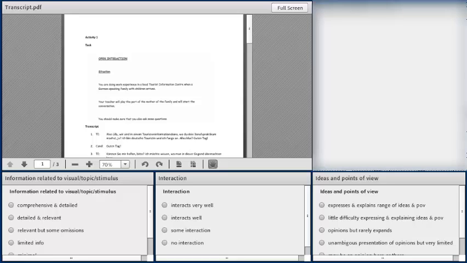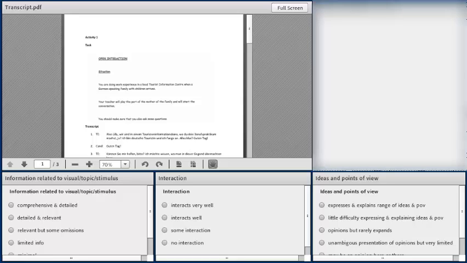Similarly, in terms of interaction, you've got a list of different criteria, and I'd like you to decide which one best describes the interaction that you can perceive in that transcript. And finally, thinking about ideas and points of view, which of those criteria best describes the performance.